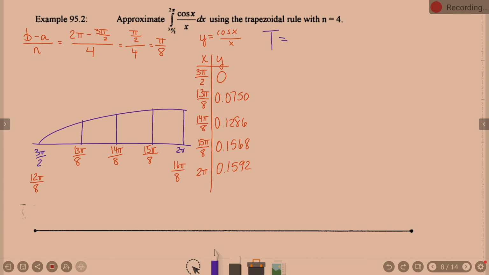Fill it in. Out front, I'm going to have b minus a over 2n. So 2 pi minus 3 pi over 2 divided by 2 times 4.